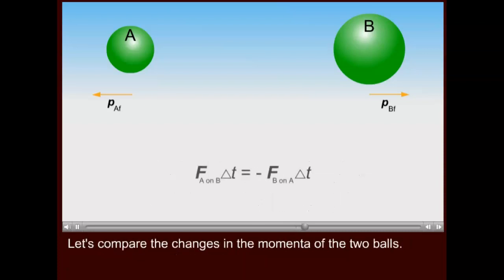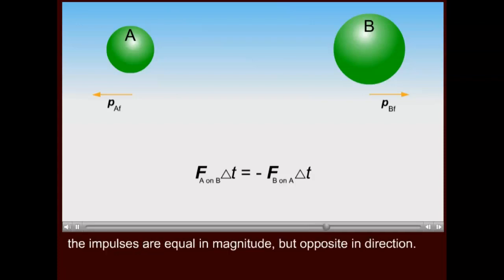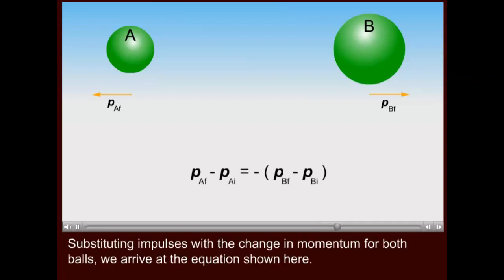Let's compare the changes in the momenta of the two balls. Because the time interval over which the forces were exerted is the same, the impulses are equal in magnitude, but opposite in direction. Substituting impulses with the change in momentum for both balls, we arrive at the equation shown here.